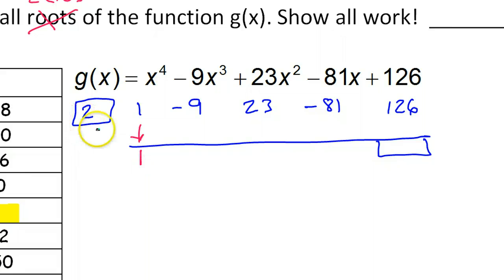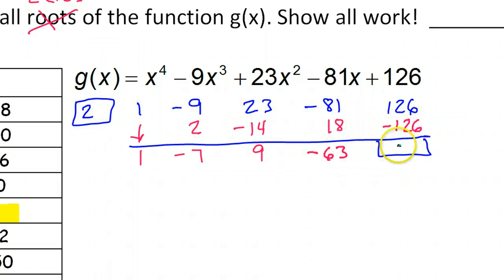So I bring down the 1, multiply, I get 2, add, I get -7, multiply, I get -14, add, I get 9, multiply, I get 18, add, I get -63, multiply, I get -126, add, I get 0.